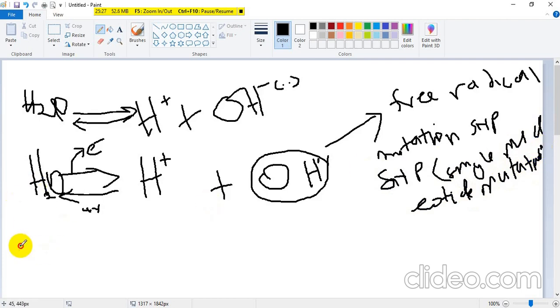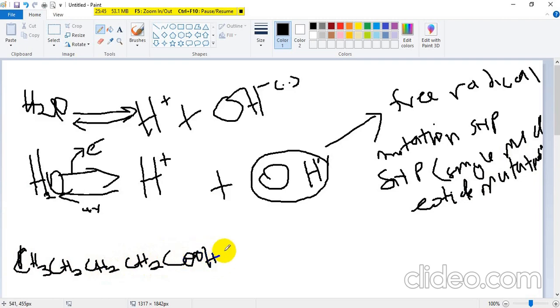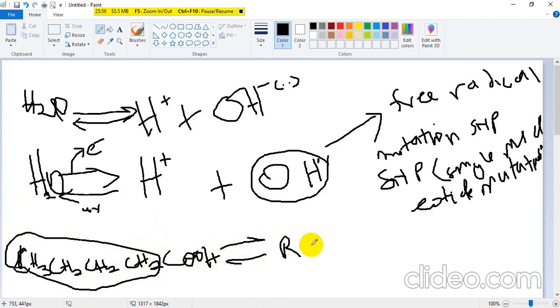Another one is like this: lipid peroxidation. If you have butanoic acid, butanoic acid is 4 carbons. Look at butanoic acid, it's supposed to have a COOH. Now, let me replace this long thing by R, that's the alkyl group.